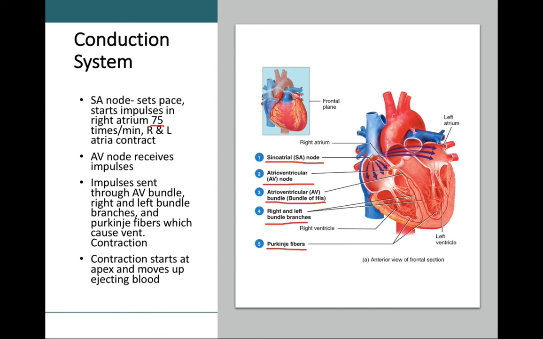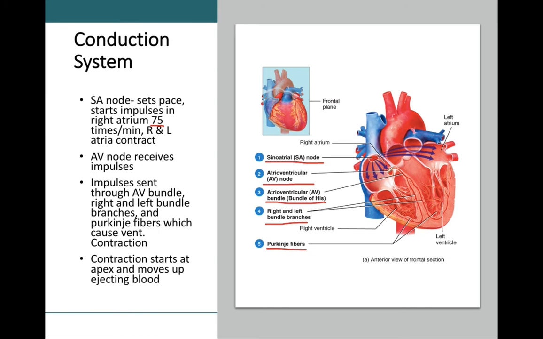And every single time the SA node fires an action potential, that will hit the AV node. Well, when the AV node is hit by the action potential from the SA node, that's also going to depolarize the AV node and facilitate the continuous propagation of this signal down into the ventricles. So the AV node is very helpful in getting that action potential down into the ventricles.